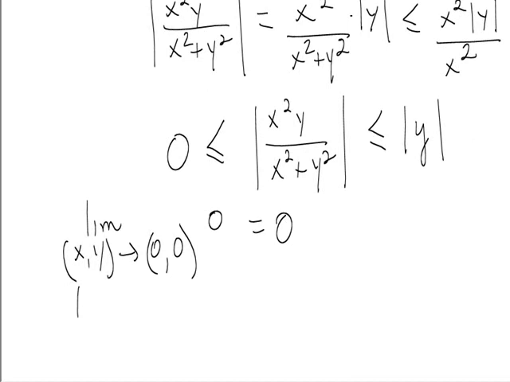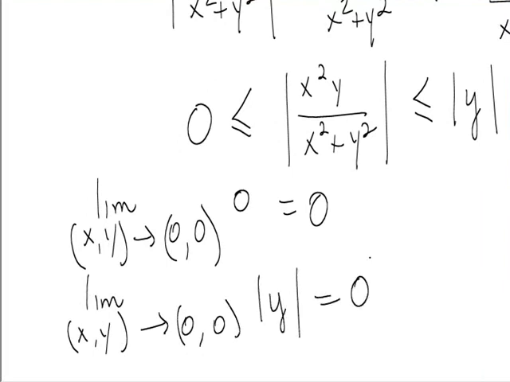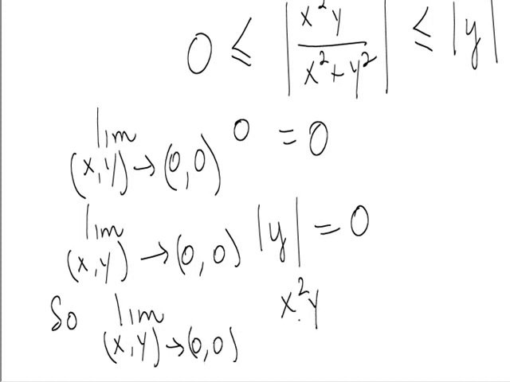The one on the right now: the limit as (x,y) approaches (0,0) of absolute value of y is also 0. So the squeeze theorem says the limit as (x,y) approaches (0,0) of x squared y over x squared plus y squared is also 0. Done.